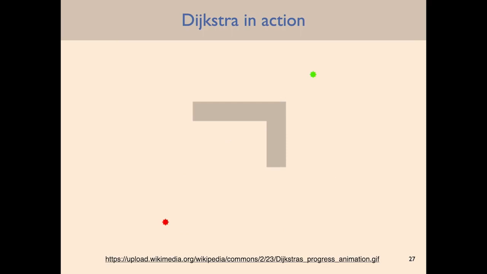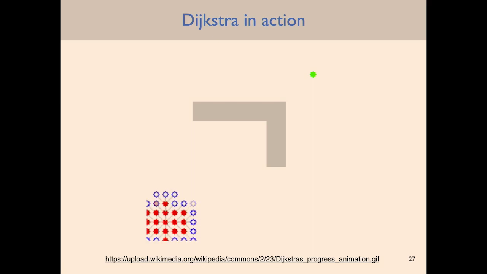Okay, so we went through a simple graph search problem here. Of course, what we're really interested in is motion planning, so we start off with some continuous planning domain. We have some obstacles. We discretize our space, as we mentioned in the previous lecture. We get a graph, and then we want to find some optimal way to get from the red star, that's our starting location, to the green star.